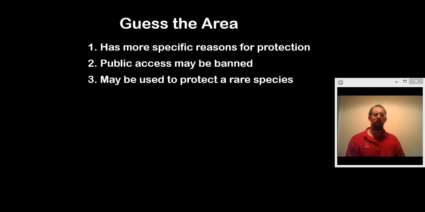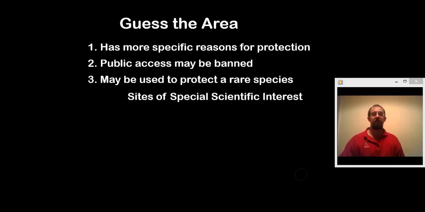So see if you can think of which one of the three has these particular factors to it. Pause if you need more time. So that's the sites of special scientific interest. Specific reasons for protection. Public access can be banned, and they may be used, for example, to protect a rare species.